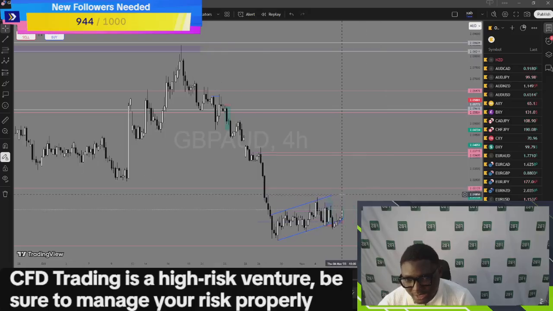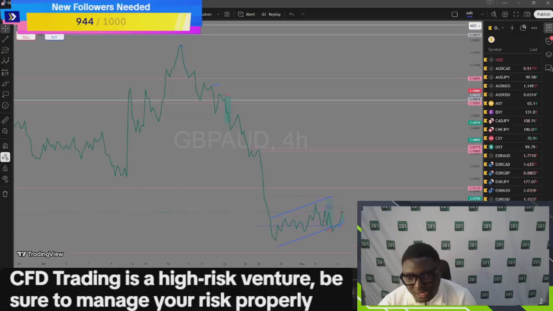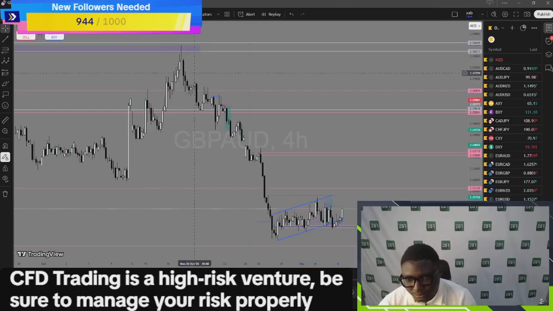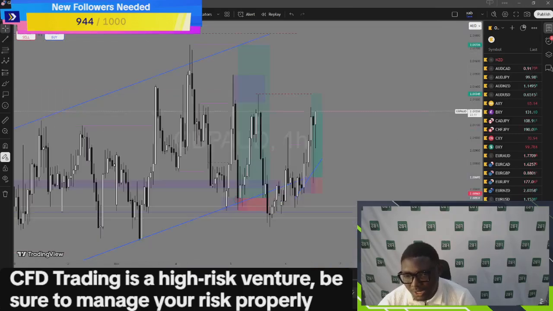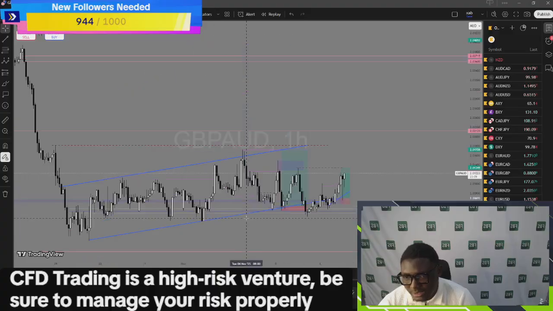You see that there's liquidity up here, and not only is there liquidity up there, you'd also notice that we have a range here, or let me say a zone. When you come to the 1 hour time frame, you see that price has not yet broken that zone, because this is the other block from that zone.